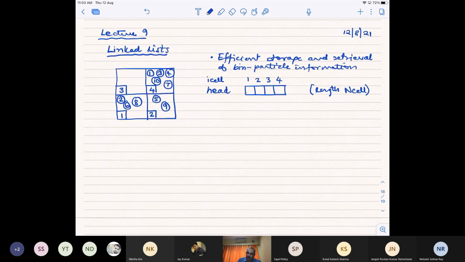So initially, let me say what the second list is. The other matrix is called L list, and it has a large number of cells, and its length is equal to the number of particles.